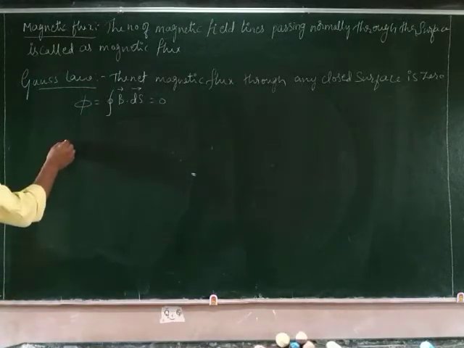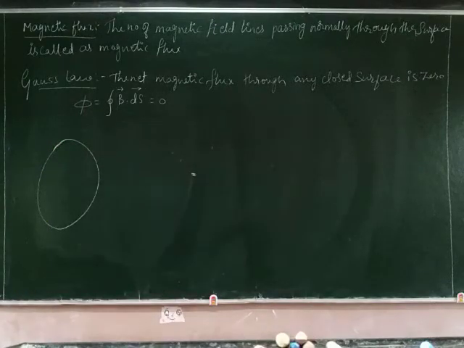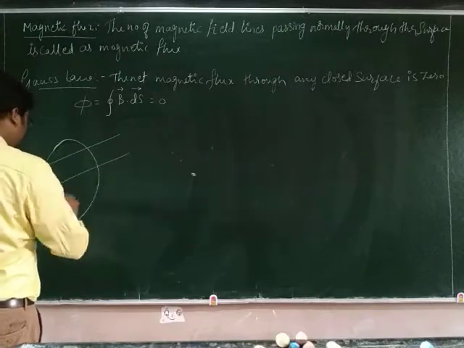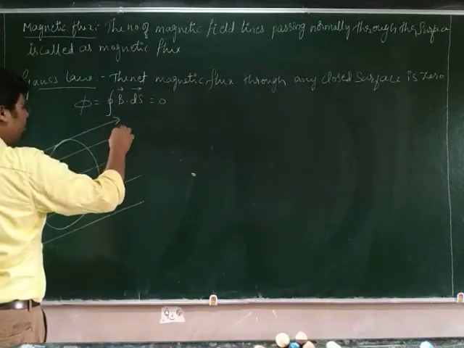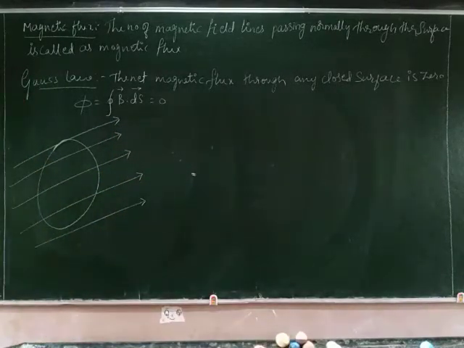So just consider a Gaussian surface. Here we have a number of magnetic field lines passing through that Gaussian surface, a closed surface, right?